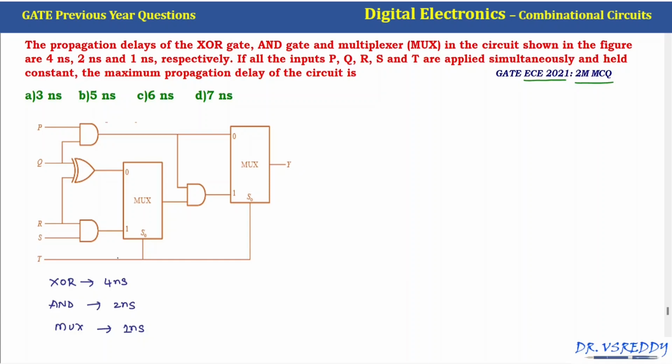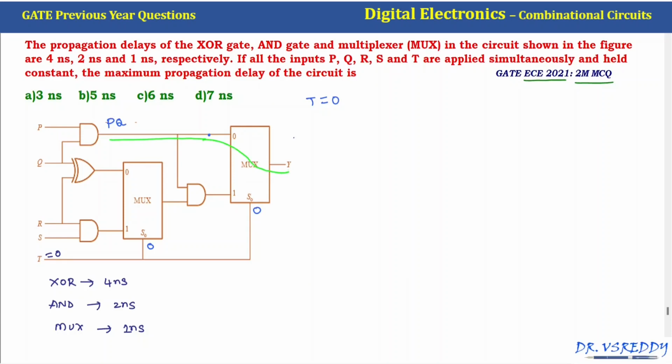So we have two conditions here, when T is equal to 0 or 1. Assume first that T is equal to 0.